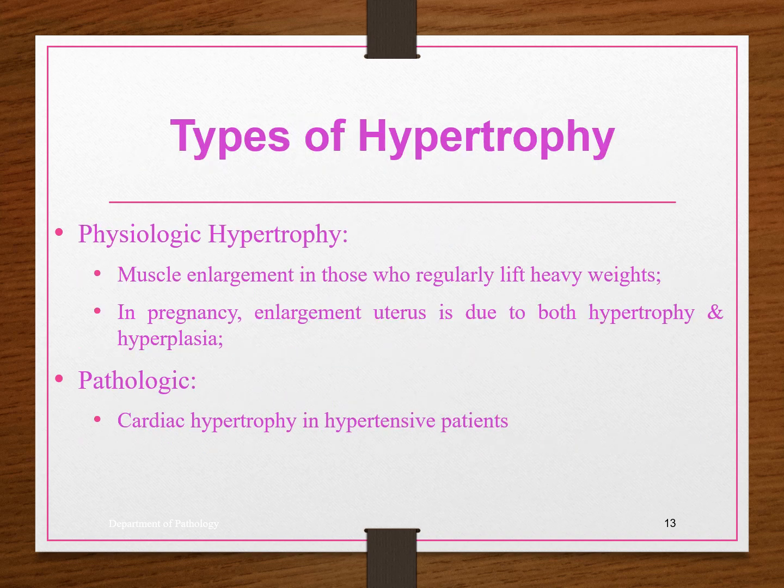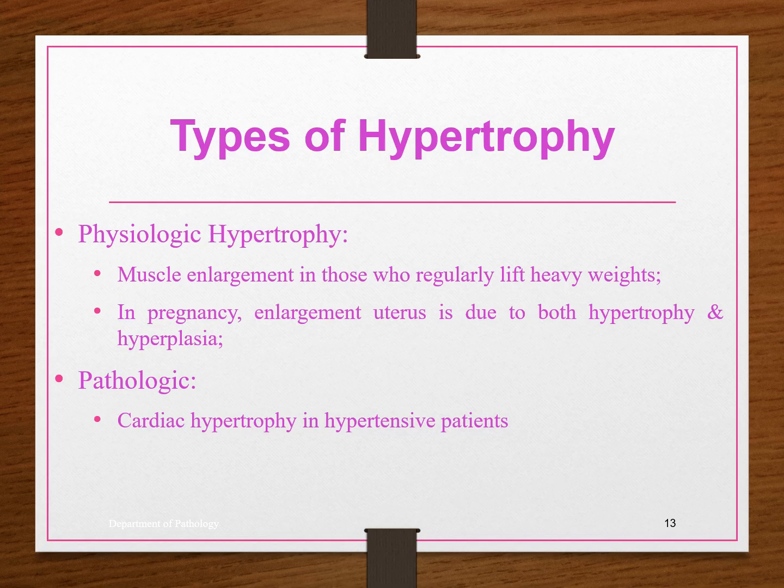Types of hyperplasia are physiological hyperplasia and pathological hyperplasia. In the same way, hypertrophy is also of two types, physiologic hypertrophy and pathologic hypertrophy. Physiologic hypertrophy example is muscle enlargement in those who regularly lift heavy weights, muscle enlargement after strenuous exercise, bodybuilders.